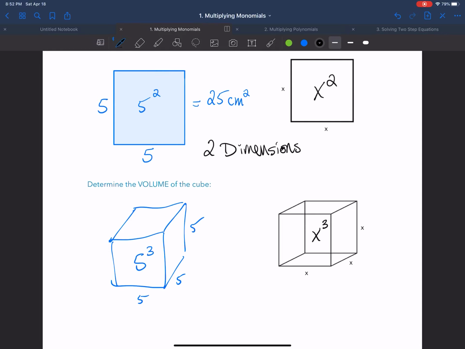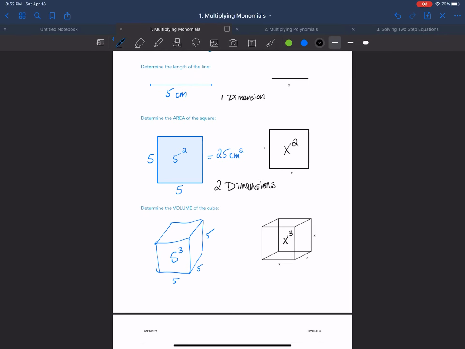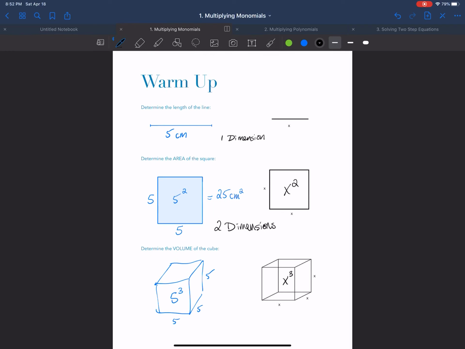So to visually see what these things would be modeled as, x alone is like the length of a line. X squared is a square where each side is the length x. And x cubed would be a cube, a 3-dimensional shape where each side is length x.